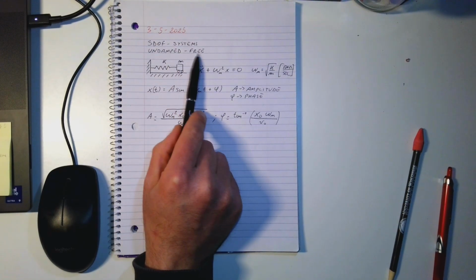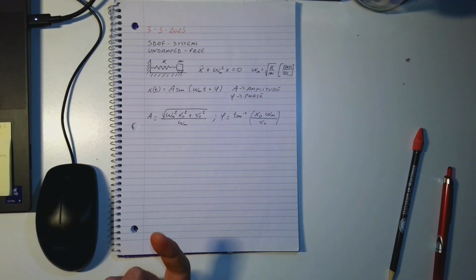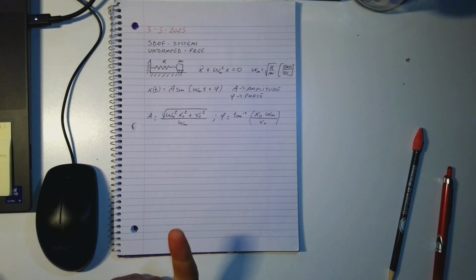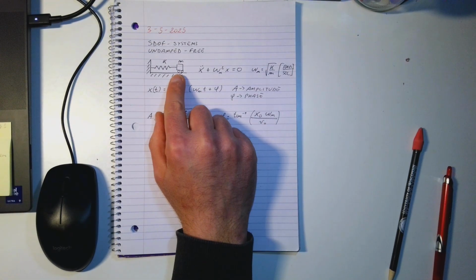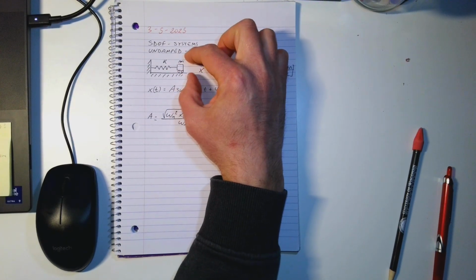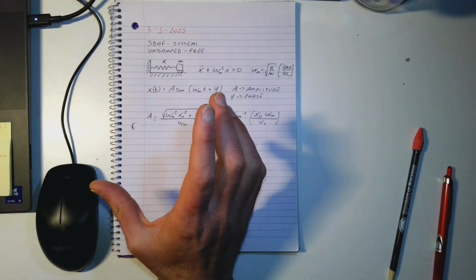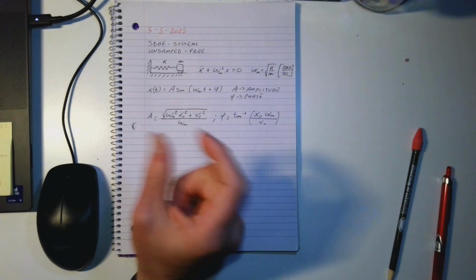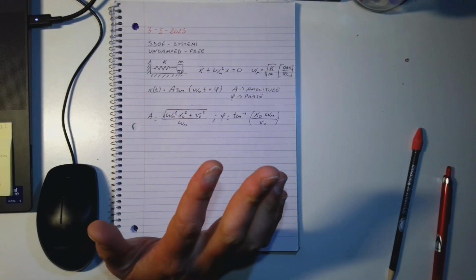Again, it is a free system, we don't have external forces, so in order to have motion we need either initial velocity, initial position, or both. Which means that if we have the mass here, we can apply a certain displacement in one direction or the other direction, and then we release the mass, and then the mass will start to move back and forth. Make sense?